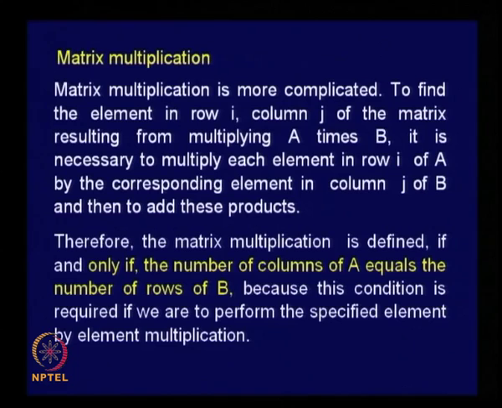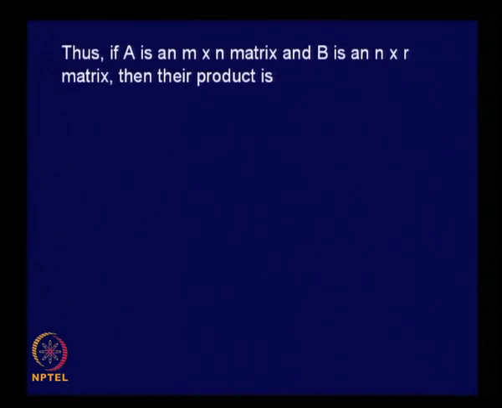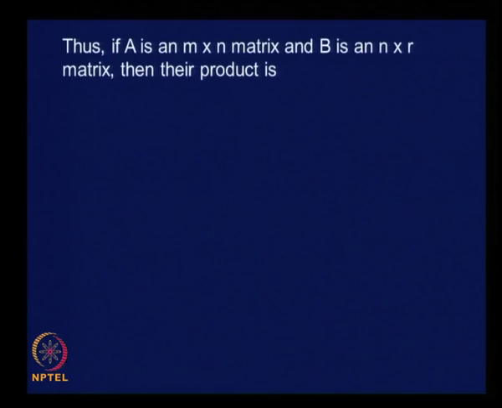So, we need to have this condition satisfied for matrix multiplication, right. Let us take a small example and see how this multiplication can be done to understand the concept better.